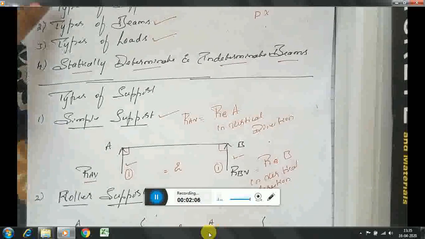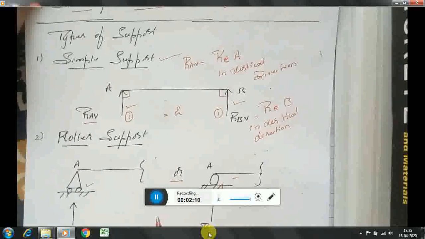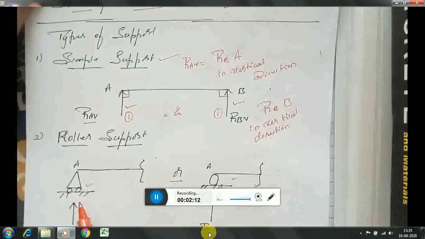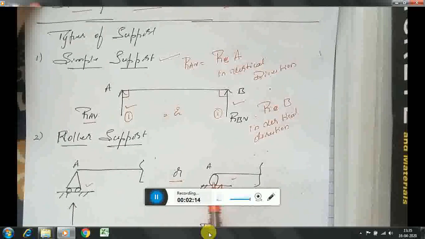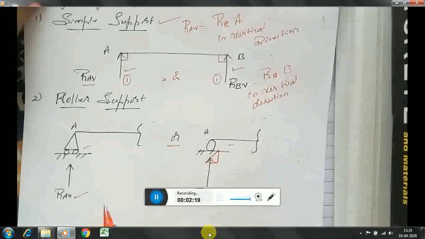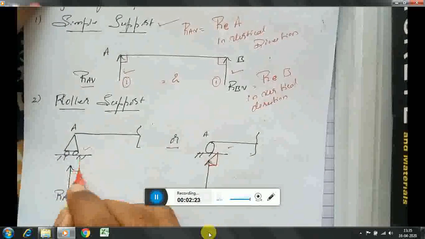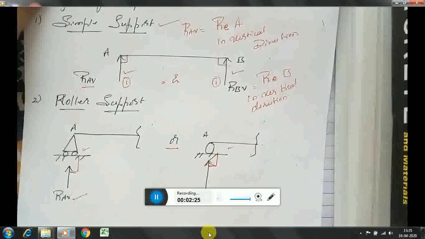The second type of support is called a roller support. A roller support is always represented with a triangle with a circle, or like this. A roller support always produces only one reaction at a particular point, and it makes an angle of 90 degrees to the plane of contact. Similarly, a simple support also always makes an angle of 90 degrees to the plane of contact.